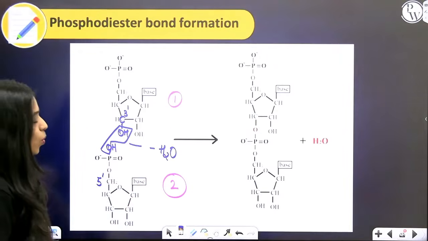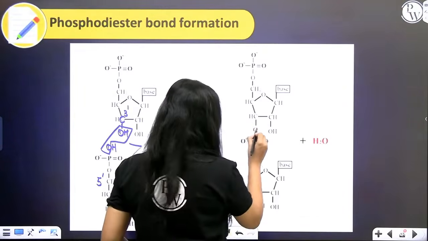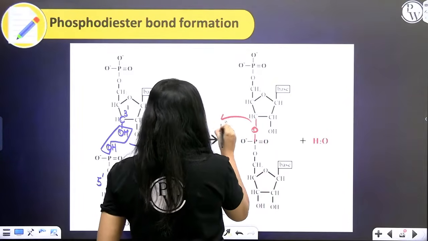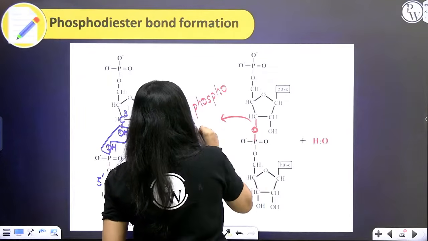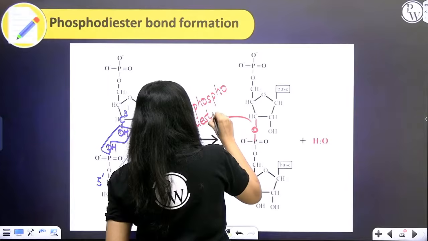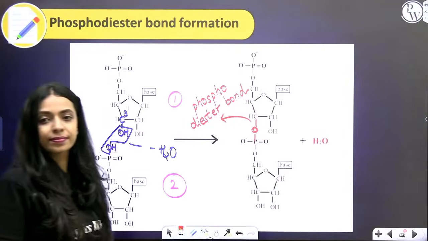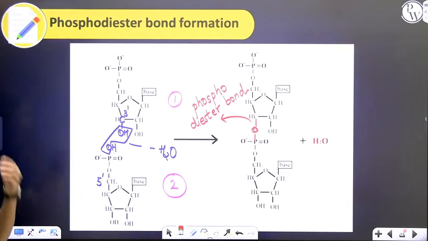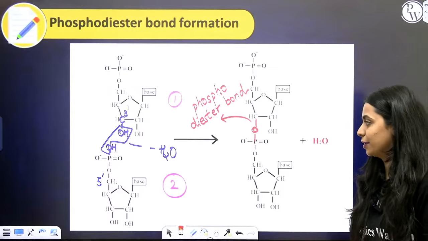As a result, whatever bond forms here is what a phosphodiester bond is. Is that clear? As a result of this reaction, a molecule of water gets eliminated.